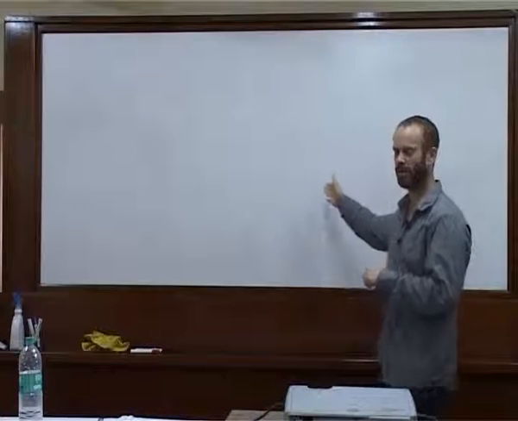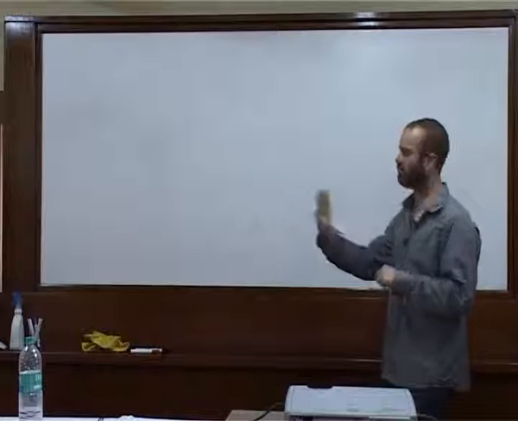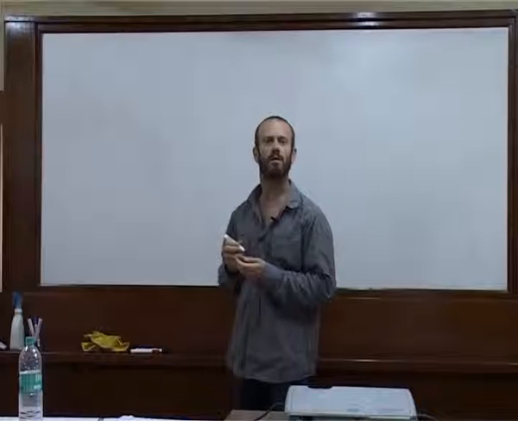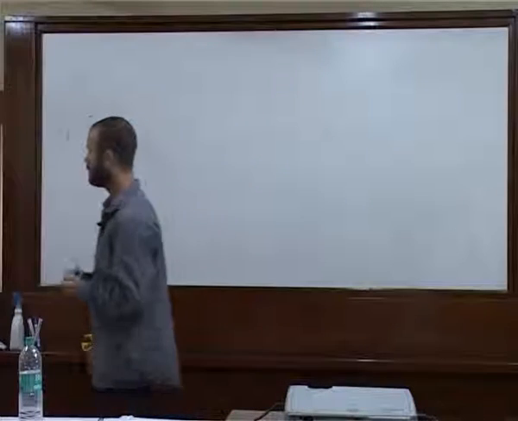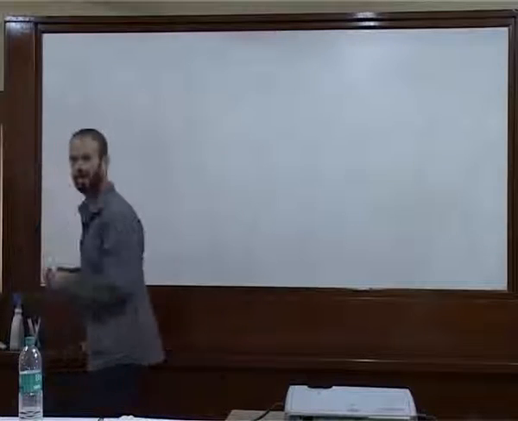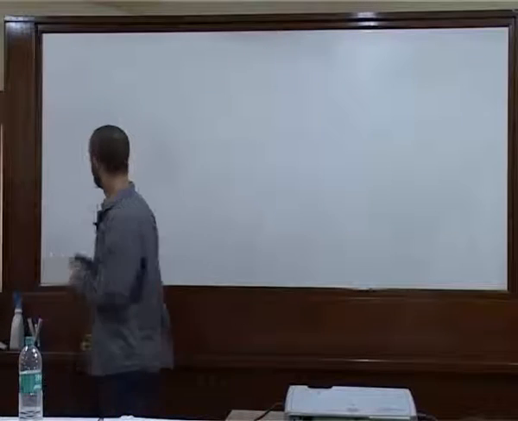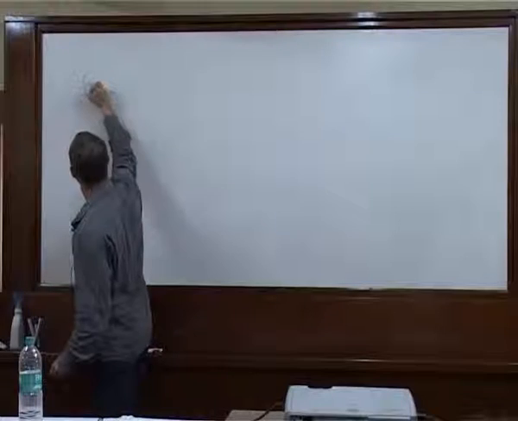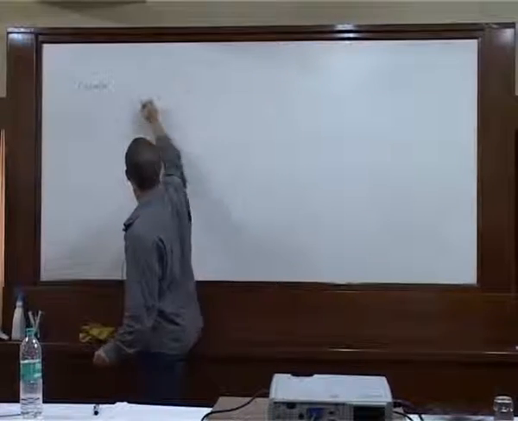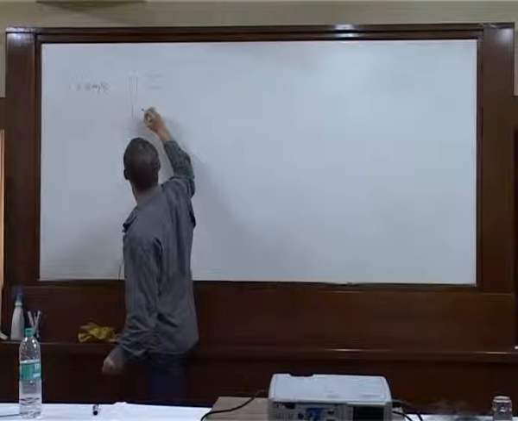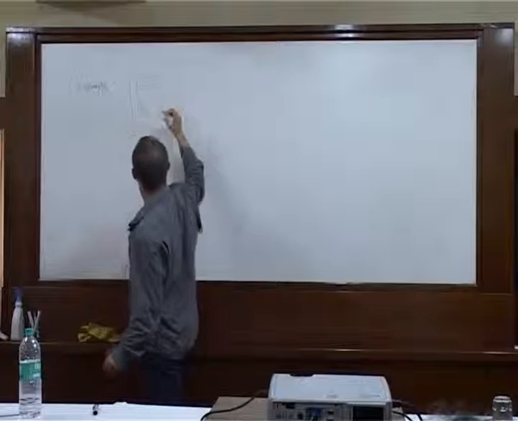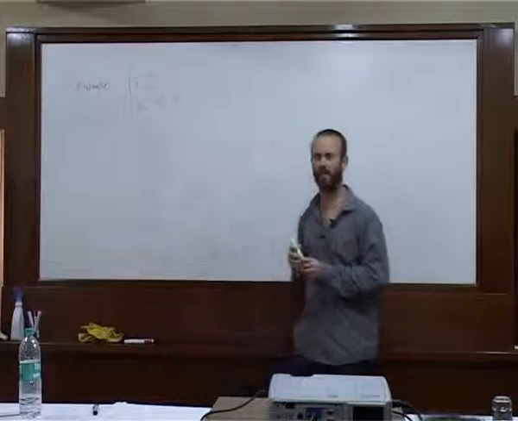Later we'll see how it is related. Color is, maybe I will give an example after. I'll start with an example. An example is 1, 2, 2, minus 1. This is the simplest example.